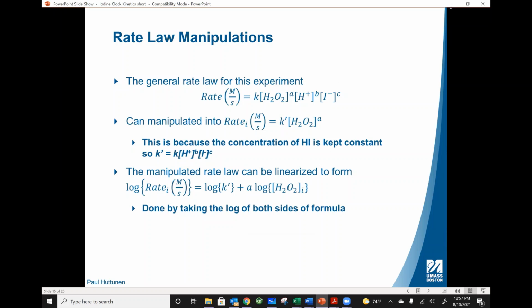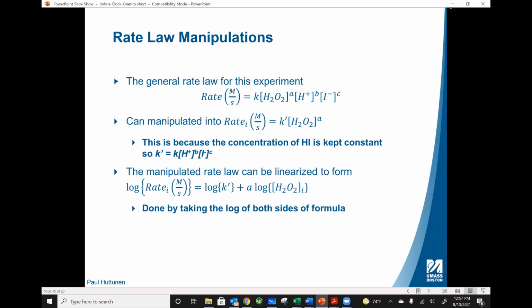Okay, so the general rate law for this experiment is the rate, so concentration over time, equals the rate constant times the concentration of hydrogen peroxide to the power of A times the concentration of H plus to the power of B times the concentration of iodide to the power of C. But the concentration of hydrogen iodide is kept constant over all of the reactions.